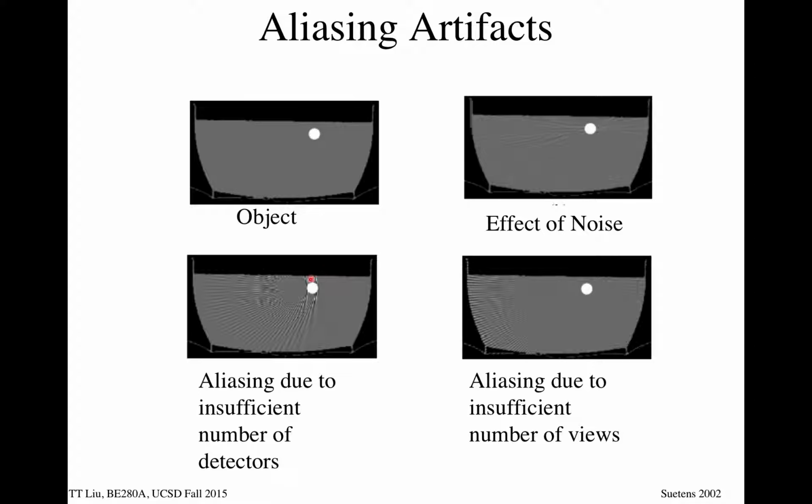If I have too few samples along L, I'll start seeing these kind of structured aliasing artifacts off the edge. And when you have an inadequate number of views, you don't see the aliasing until you hit some critical radius, at which time you start seeing these streaks.